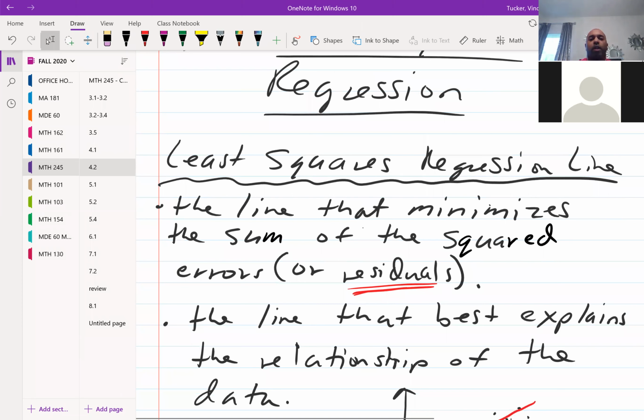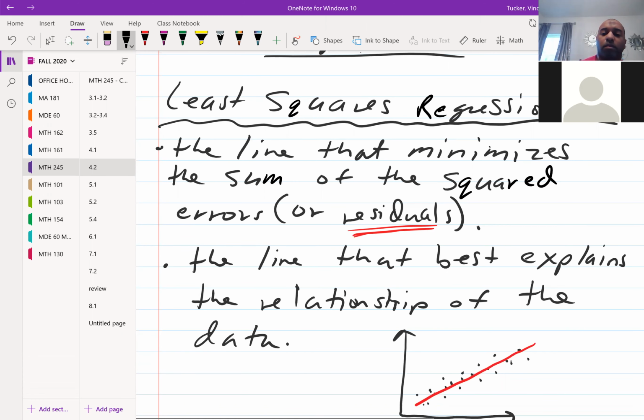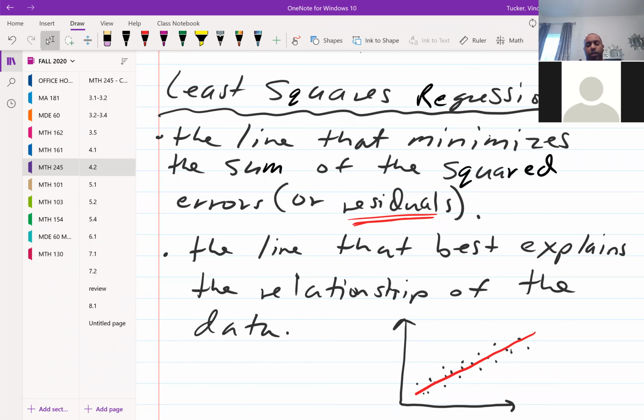It's also the line that best explains the relationship of the data. And that's just a generic representation of what your least squares regression line would do for you. Like I said, it's the line that best sums up the data.